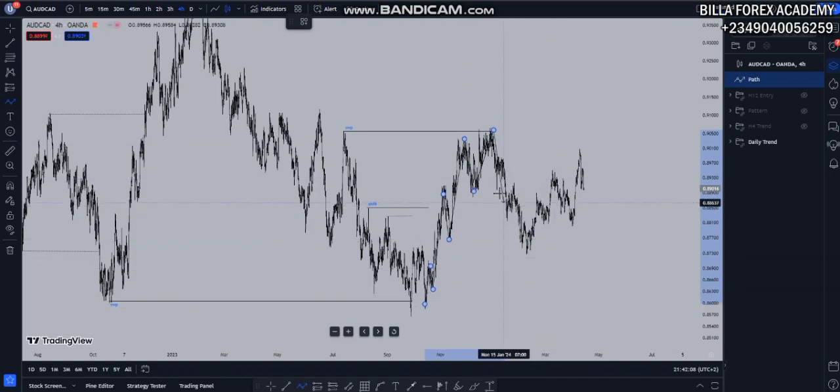So over here we see that price has broken this first demand zone, that's this one, and also broken the second zone, that's this one, meaning price is going to be bearish. You get?